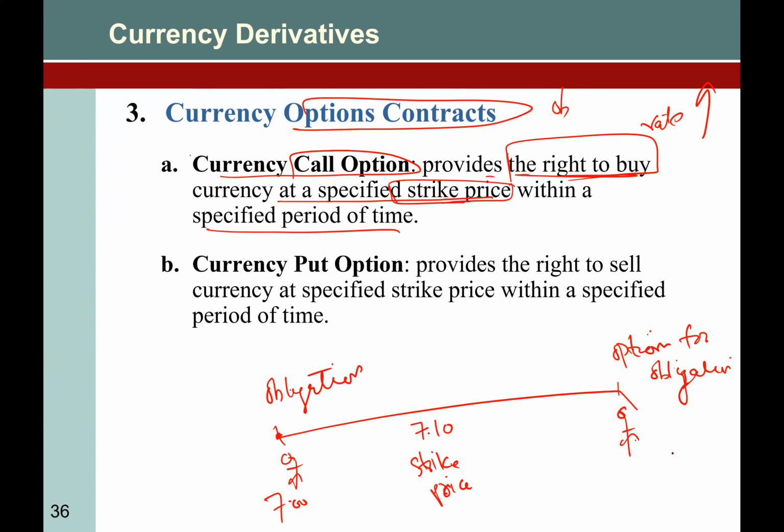And the market rate is, for example, 7.20. So who wants to enter into this kind of contract?